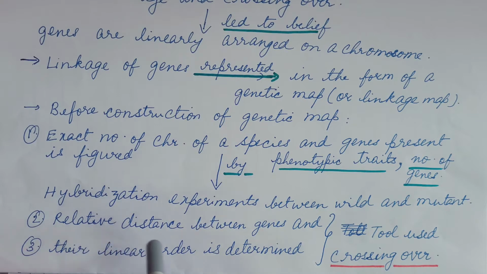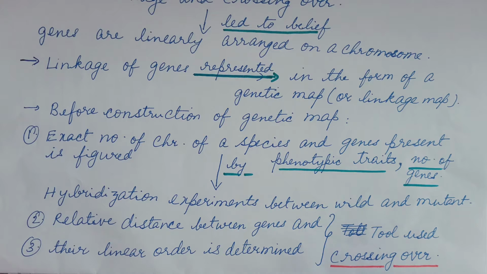Then the relative distance between genes and the linear order is determined, and the tool used for this is crossing over. You can understand crossing over in my previous video. The link is given in the description box.